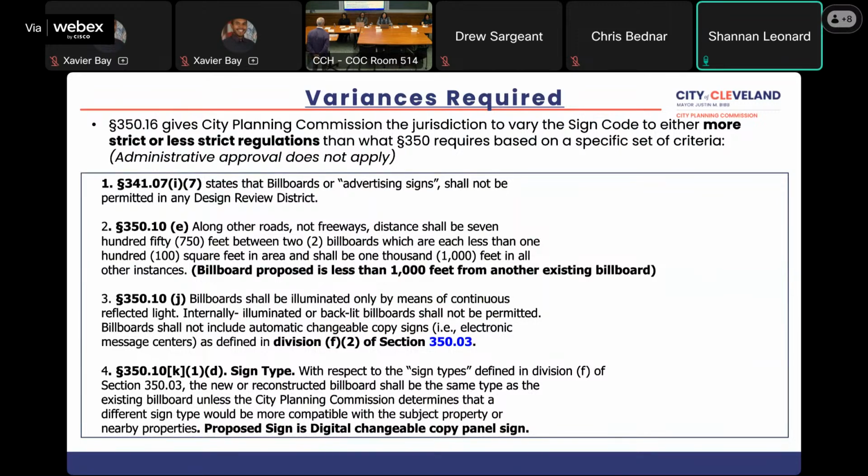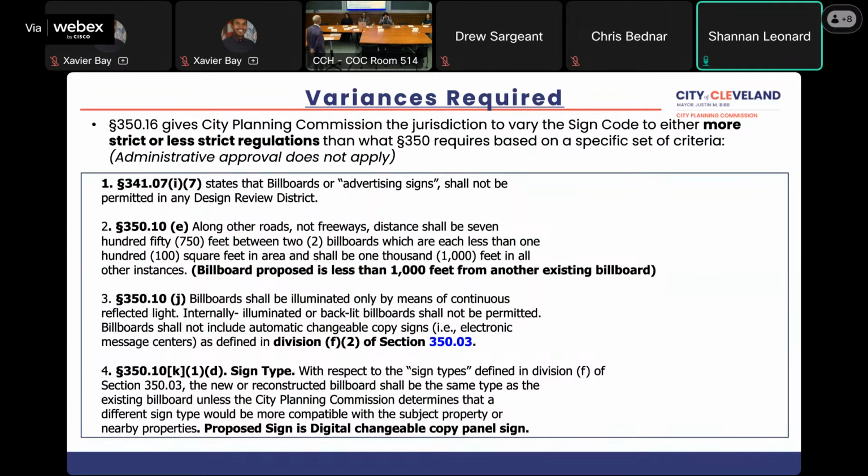So the variances that are needed for this specific billboard is that billboards or advertising signs are not permitted in any design review district. Anytime that you're on a road that's not a freeway and you're greater than 100 square feet, you have to be at least 1,000 feet from another existing billboard. There is an existing billboard along Quincy across the street, and then billboards shall essentially not be illuminated.